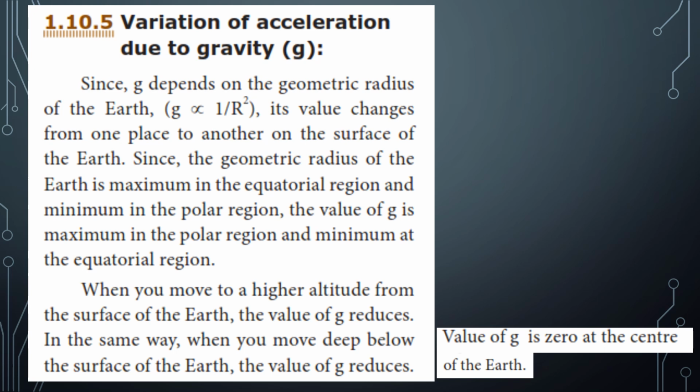When you move to a higher altitude from the surface of the Earth, the value of g reduces. In the same way, when you move deep below the surface of the Earth, the value of g reduces. The value of g is 0 at the center of the Earth.